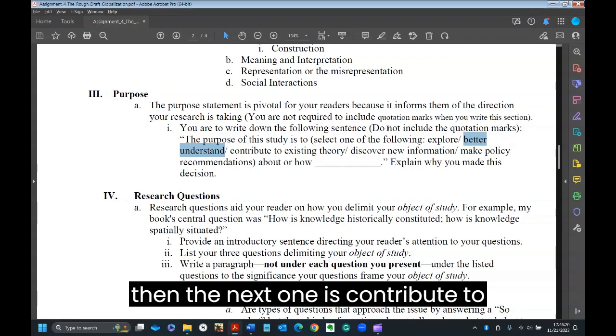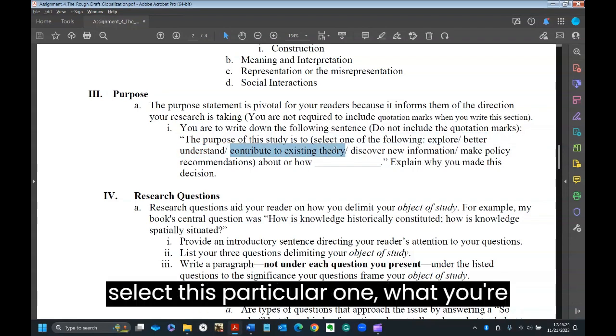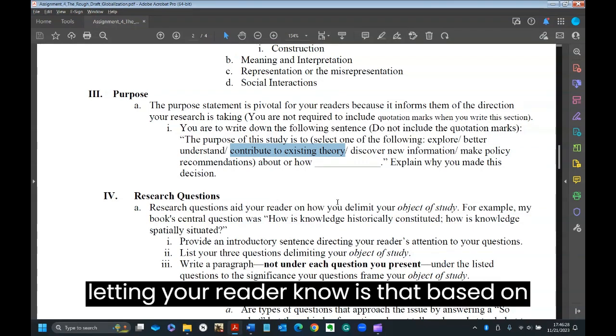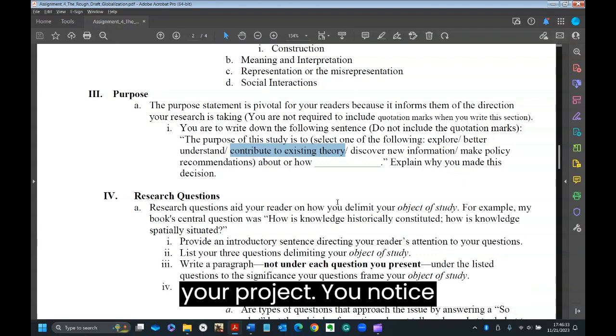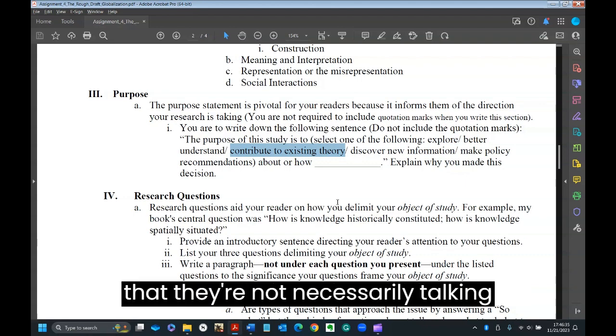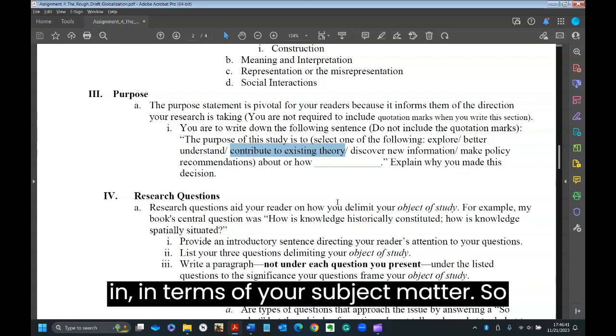And then the next one is contribute to existing theory. So if you select this particular one, what you're letting your reader know is that based on the sources you have collected for your project, you notice that they're not necessarily talking about something that you're interested in terms of your subject matter.